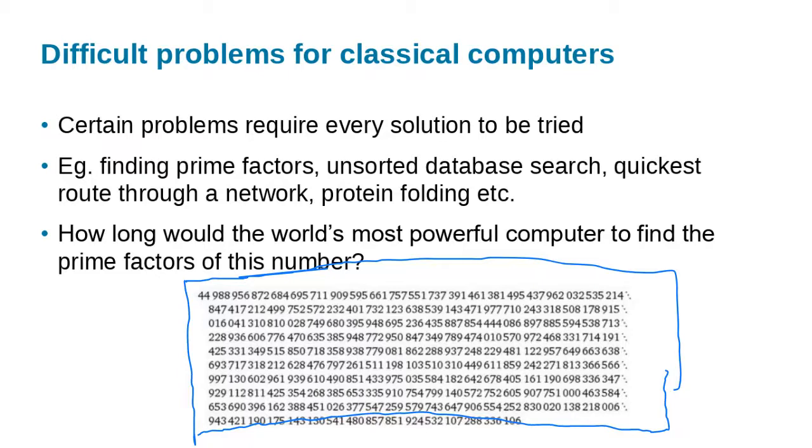And say we've got the most powerful computer in the world to find the two prime numbers that multiply together to give this number. Then the time it would take currently for that computer to solve this problem is greater than the age of the universe. So there's some problems that are just really difficult for classical computers.